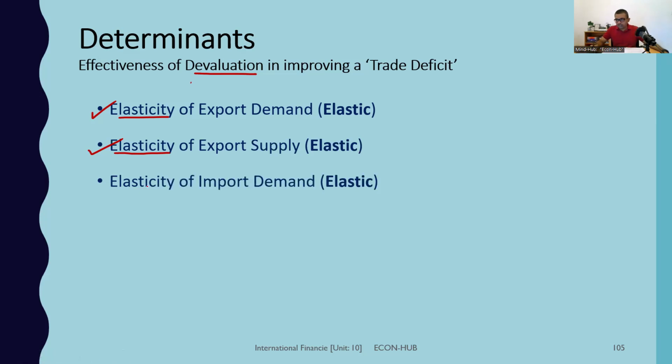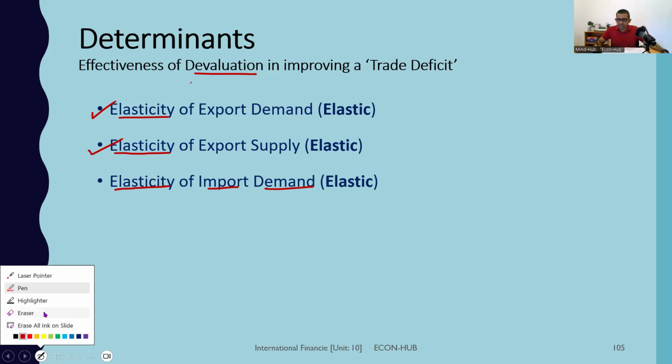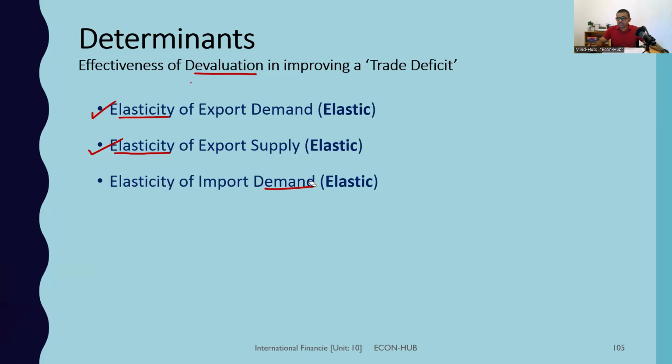Next. Elastic import demand. See, what this means is, now see, one side of the story is when we devalue, imports become expensive. So we believe that imports becoming expensive will discourage imports. But the thing is, just because imports become expensive, what if we can't decrease the demand?